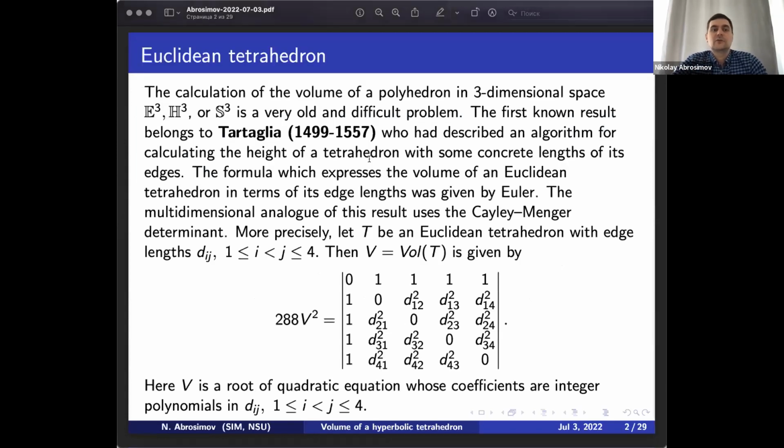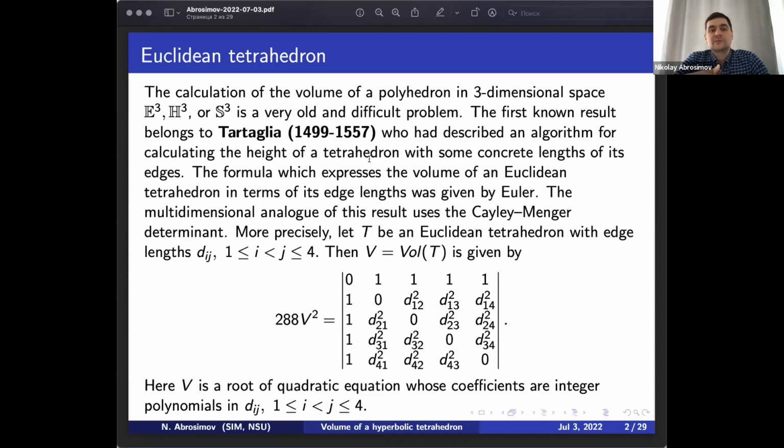The calculation of the volume of a polyhedron in three-dimensional space of constant curvature is a very old and difficult problem. The first known result in this direction belongs to Tartaglia, who described an algorithm for calculating the height of a Euclidean tetrahedron with some concrete lengths of its edges.